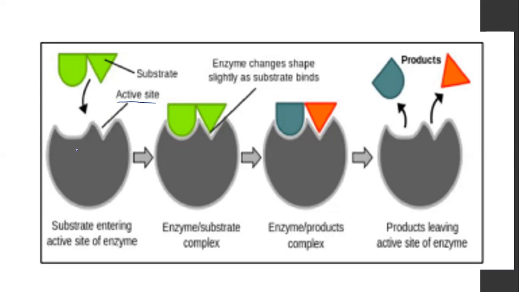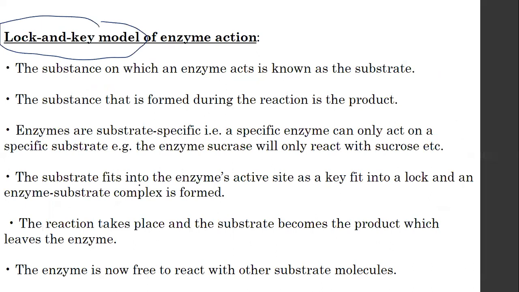So that's why we're saying the enzymes are substrate specific, and those substrates are going to fit through the site which is called the active site. So that's what we are trying to explain by saying the substrate fits into the enzyme's active site as a key fits into a lock, and an enzyme substrate complex is formed.